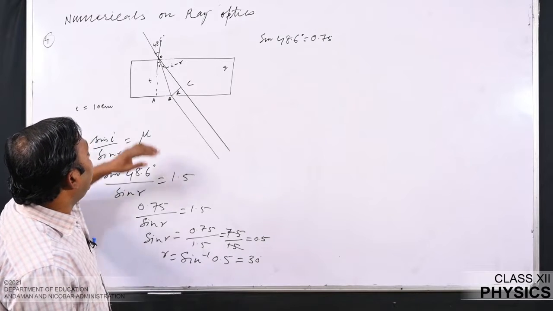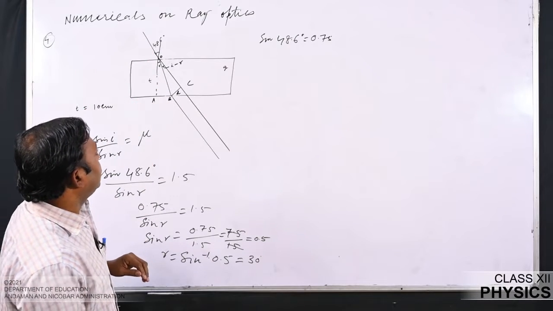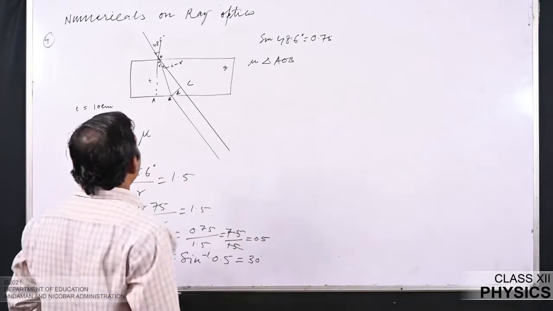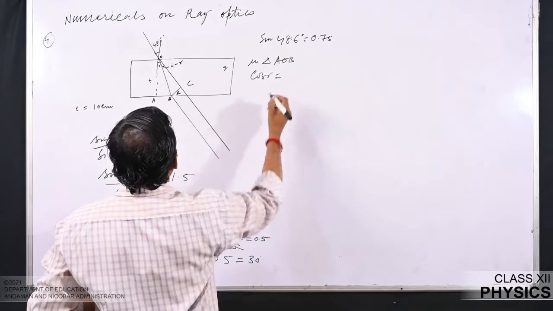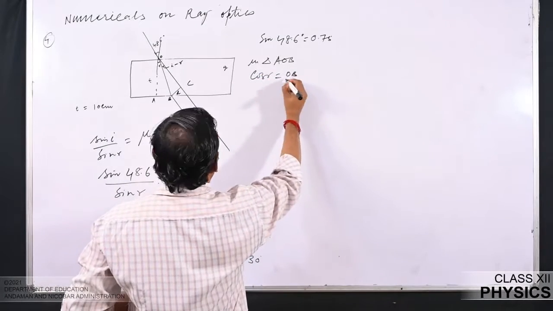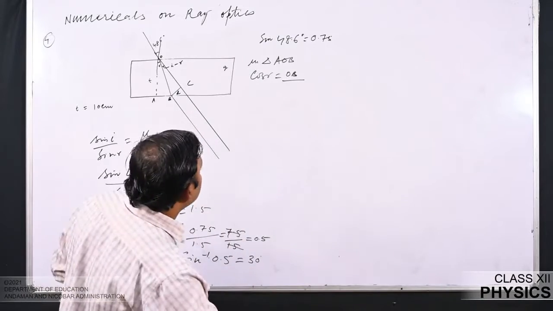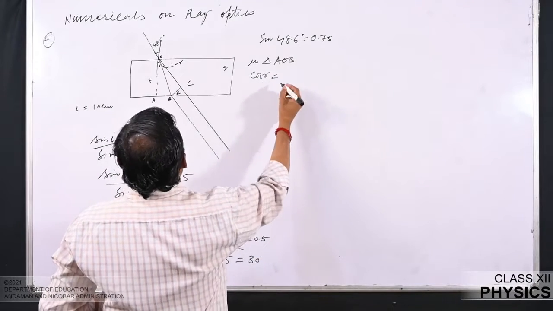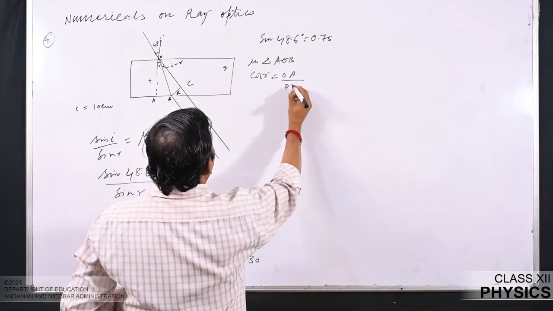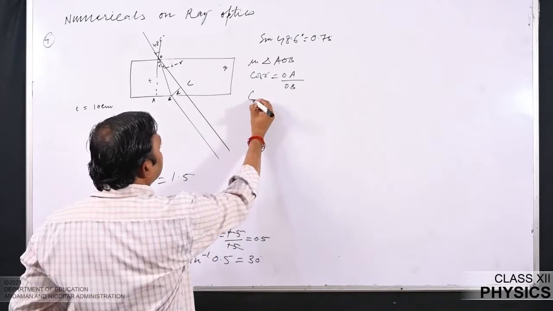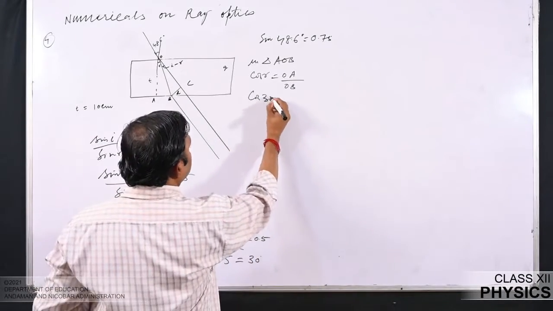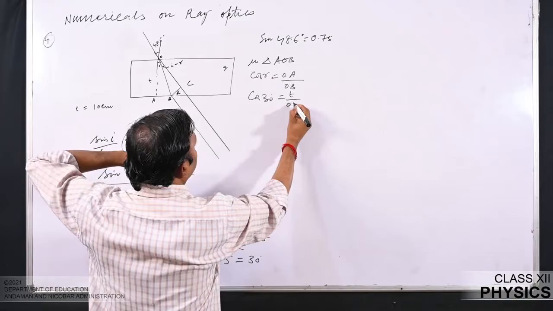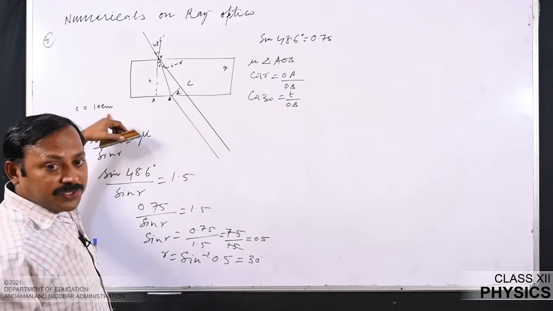Now we need to find out OB, the hypotenuse. In triangle AOB, cos R is equal to OA divided by OB. Now the value of R is 30 degree, so cos 30 degree is equal to OA, which is T, divided by OB. The value of T is already given in the question, which is 10 centimeter.